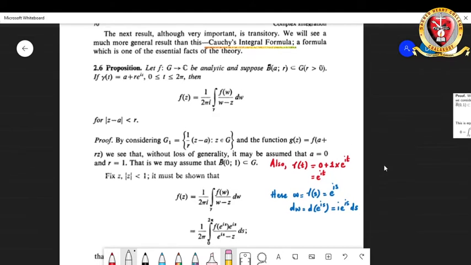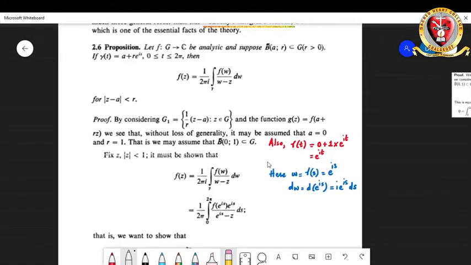So for convenience to prove this, we are assuming that a is equal to 0 and r is equal to 1. That's what we see in the first paragraph of the proof.